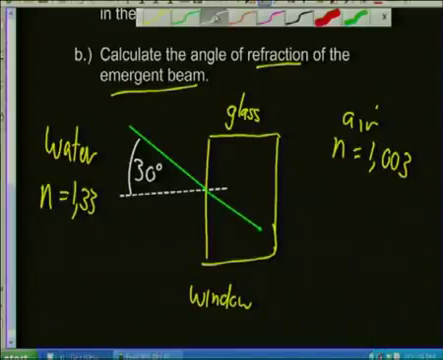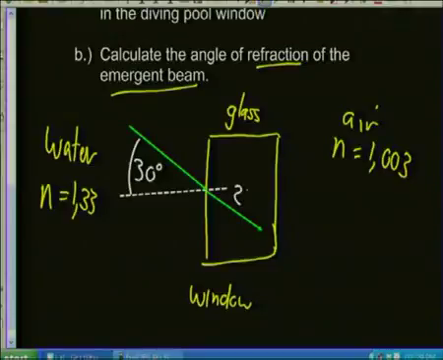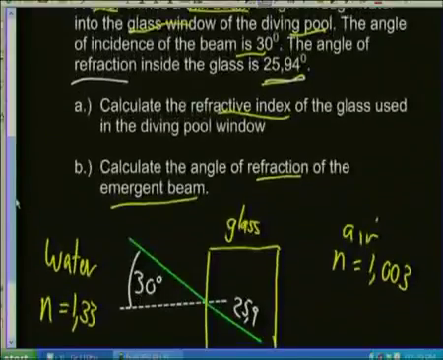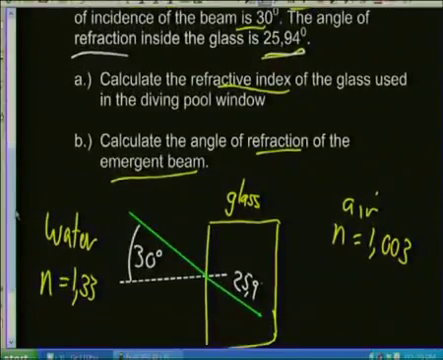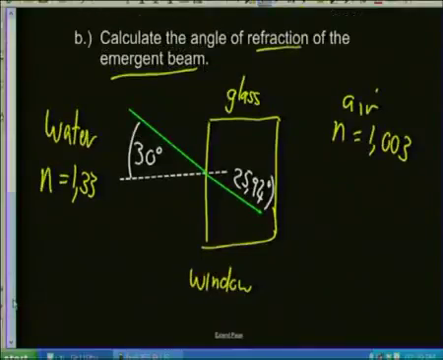And I can now fill that in: 25,94 degrees. 25,94 degrees, that's the angle of refraction. So I think I've got all that I need. Angle of refraction, 25,94 inside the glass.